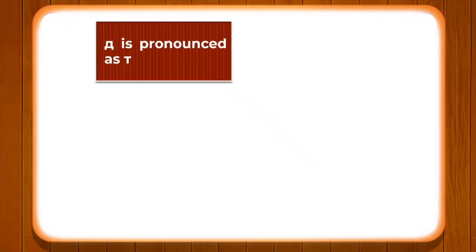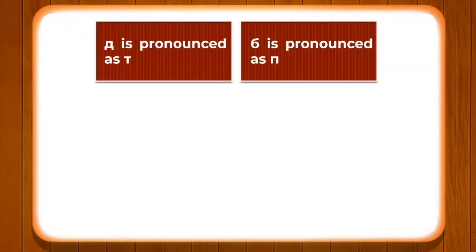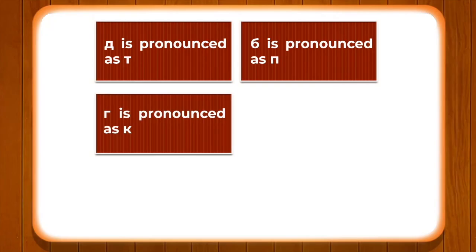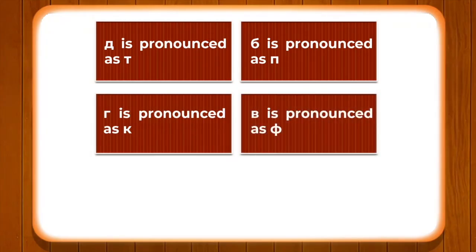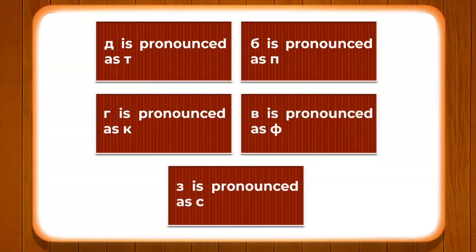Just to start with certain words and expressions, we are going to have an exercise to get a fair idea about it. All right. So, de, te, be, pe, ge, ke, ve, f, z, s.